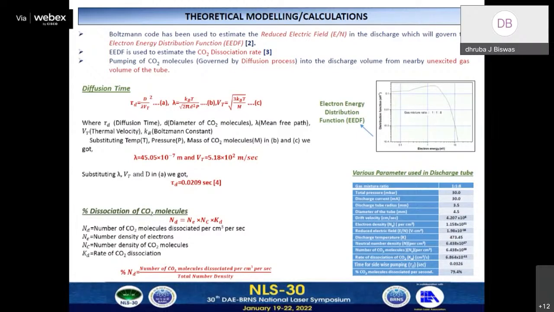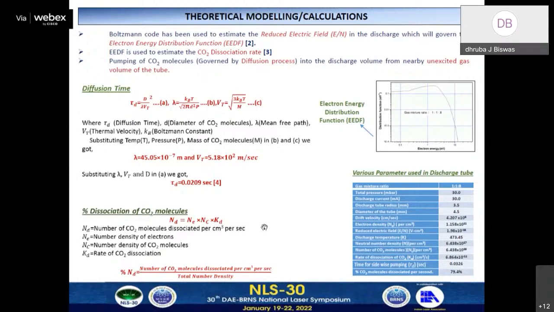By substituting the values of lambda and vt, we have calculated tau d as 0.02 seconds. In the table, the time for sidewise pumping in the last row is 0.03 second. So these are comparable, matching the diffusion time.